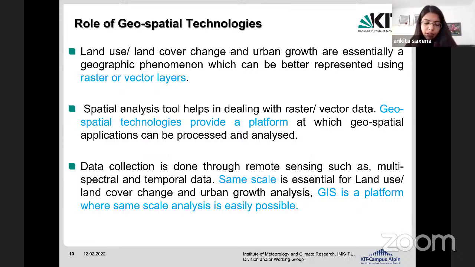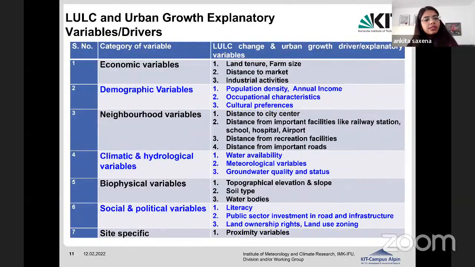Only detecting by land use and land cover change detection methods is not serving the purpose. To analyze how the future will be, we need models. So GIS and remote sensing are playing a crucial role in that respect. So as I was saying, the system which is governing the urbanization system, how urbanization is being placed.